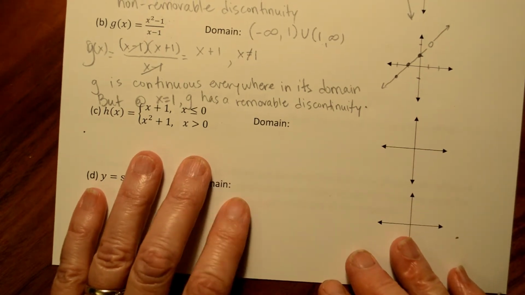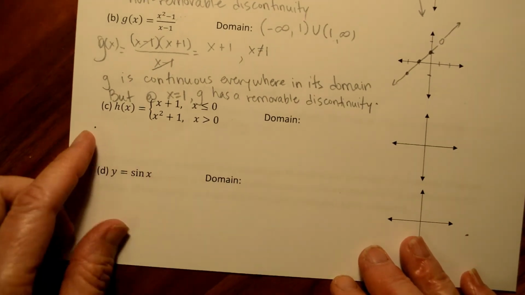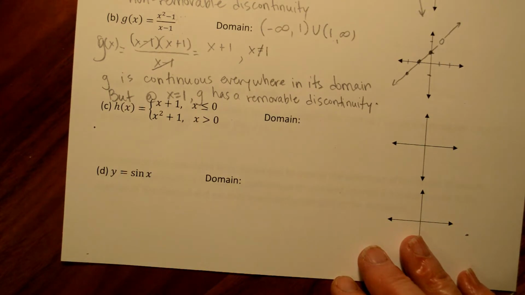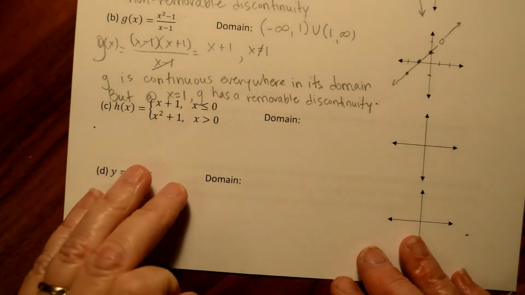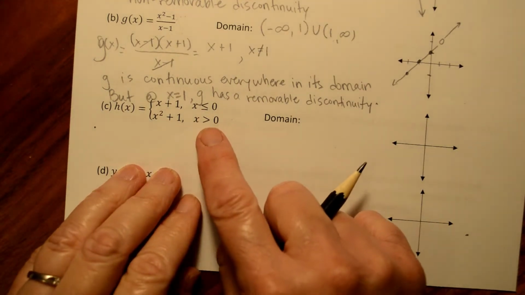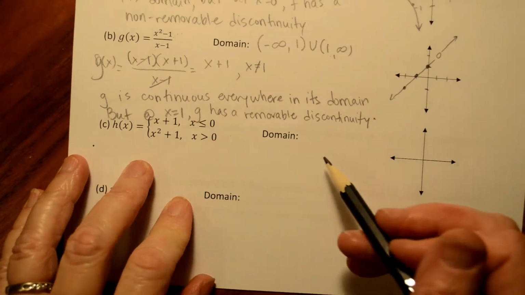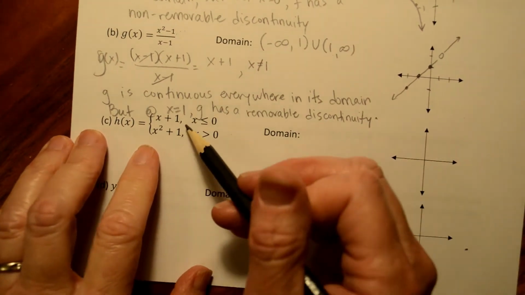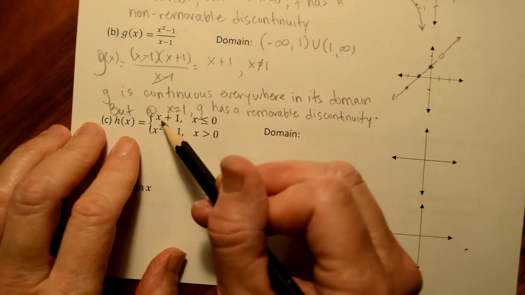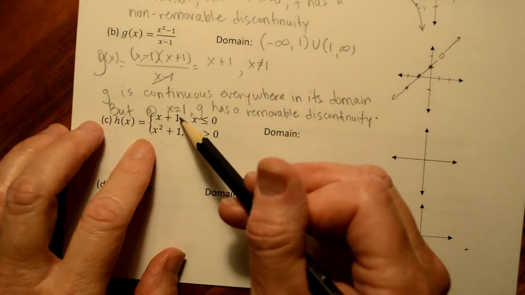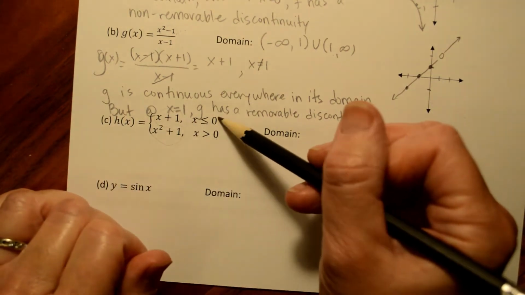All right, part C. We have a piecewise function here. So I would say let's graph this first. We know it's actually, well, we don't need to say that to get the domain because we know this is linear, this is quadratic. They're defined everywhere. There's no gap in here.